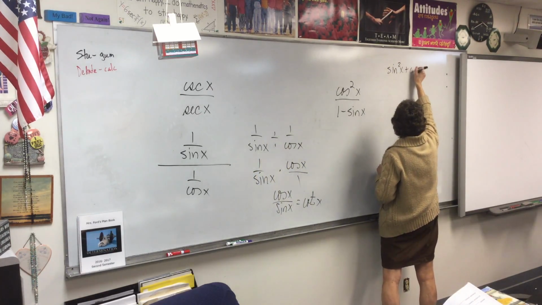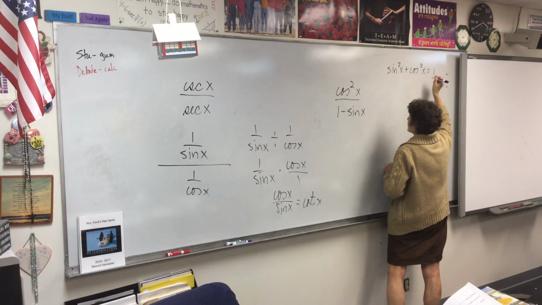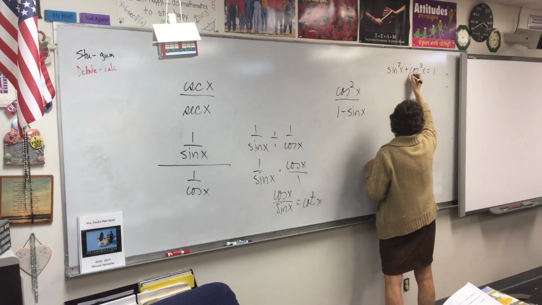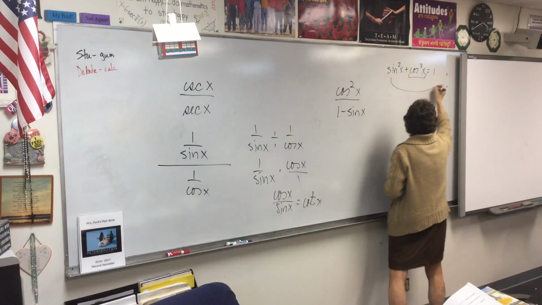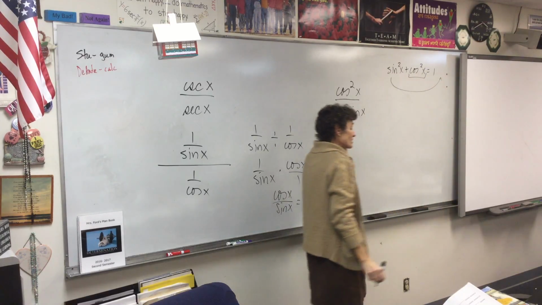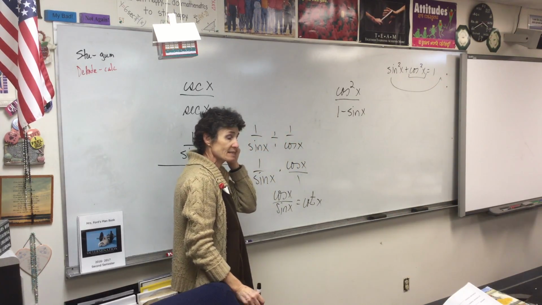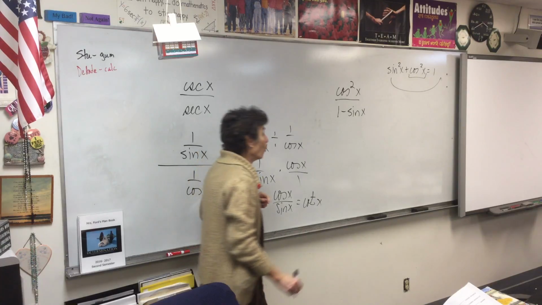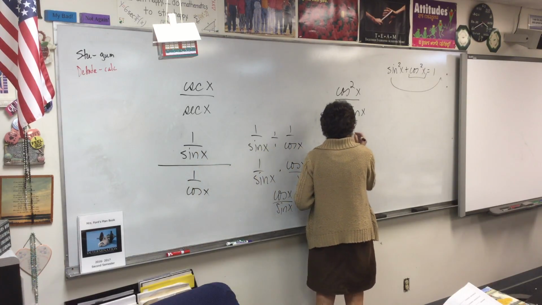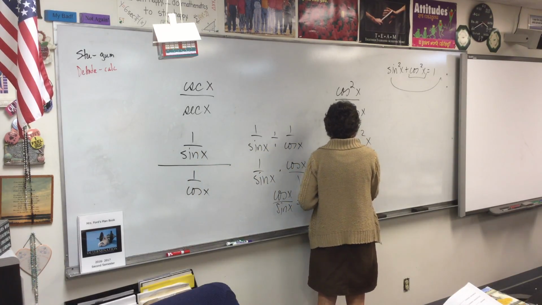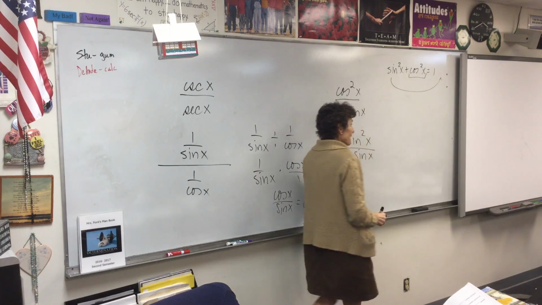Sine squared plus cosine squared is 1, right? So let's get this by itself. Move this over here. What is cosine squared the same as? 1 minus sine squared.